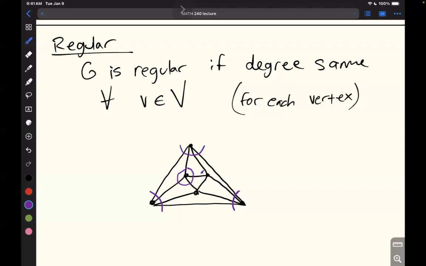And same, 1, 2, 3, 4. The degree for all of these vertices is the same. And so this graph is regular. In this case, it's often helpful to specify what kind of regular. And so we say the number of the degree, which is the same for all of the vertices, which is 4 in this case.